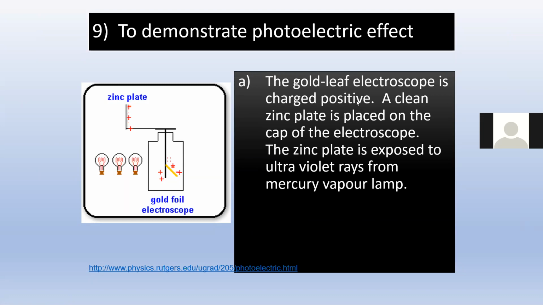Because there is no electron. The electron or what? There is no electron because it's positively charged. The electron already emitted already.